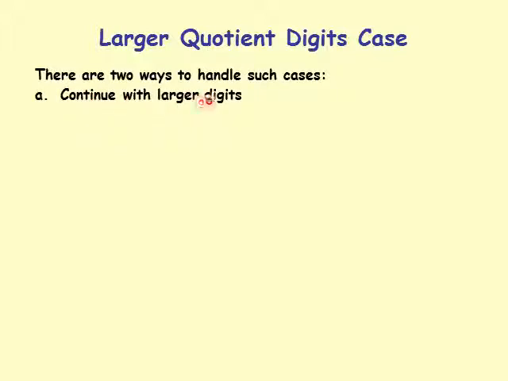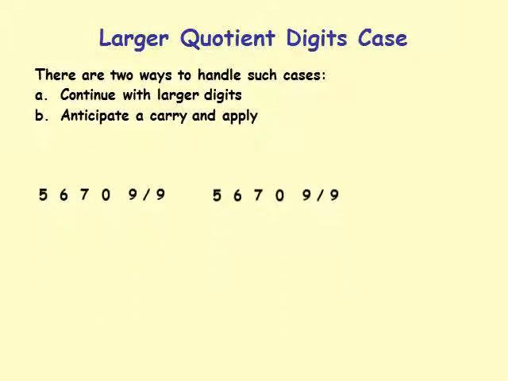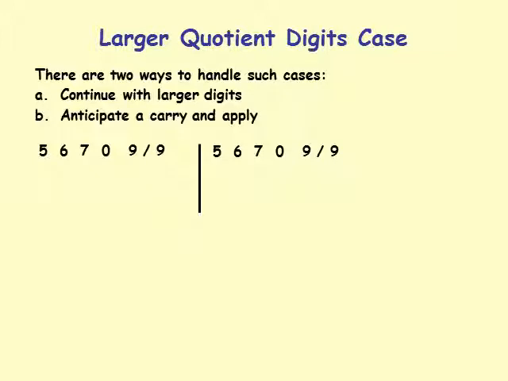One of them is to continue with the larger digits, more than one digit in a position, and anticipate a carry and apply it. For example, we would do it twice: 56709 divided by 9, and again the same example, 56709 divided by 9. First we would divide by 10. Our base number is 10, and then we have a two-step division, first by 10 and then by the other factor, which is 1, and then we would make adjustments.